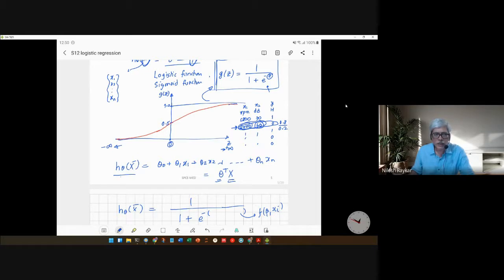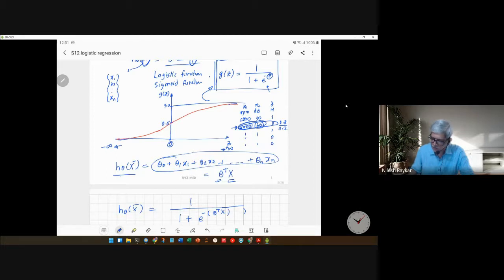In this particular logistic regression, the function used is logistic, and the value of z which is used is the same term that we used in linear regression. So here we use the term theta transpose multiplied by x.